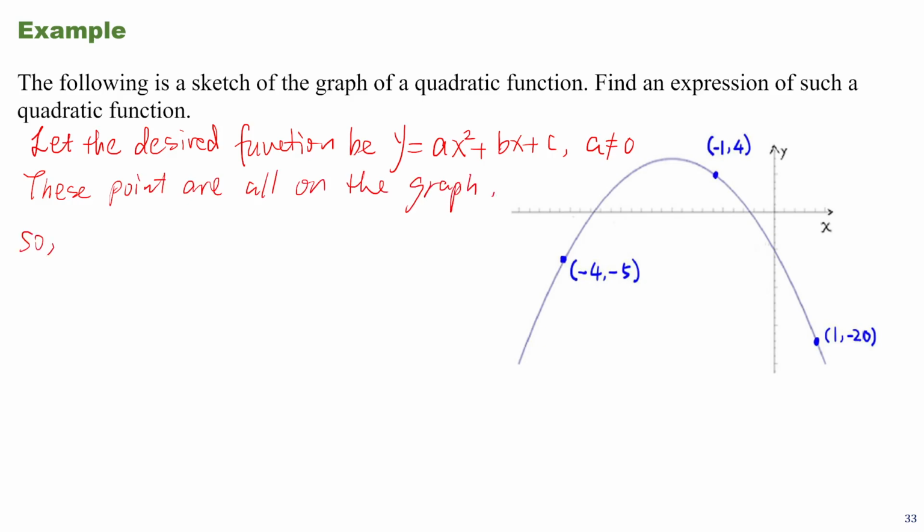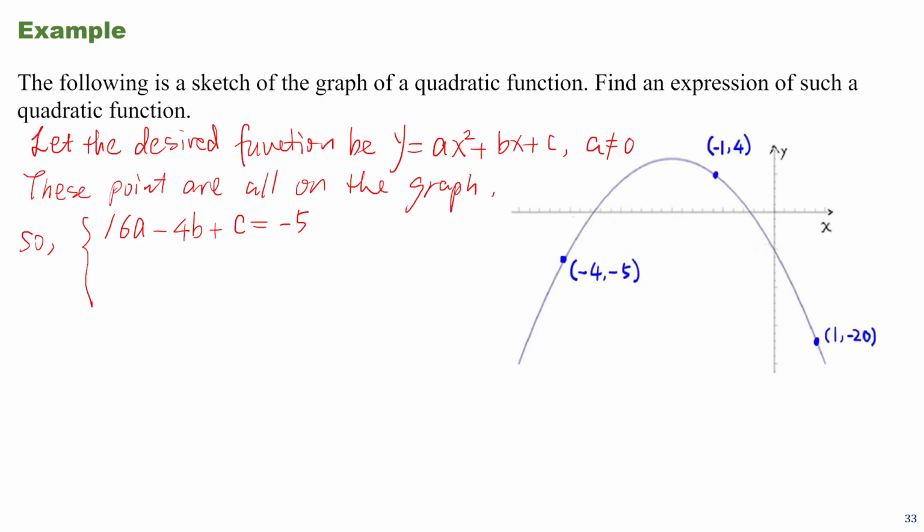So we have, well, first of all, when x equals -4, y equals -5. Well, that means 16a minus 4b plus c equals y, which is -5, right?